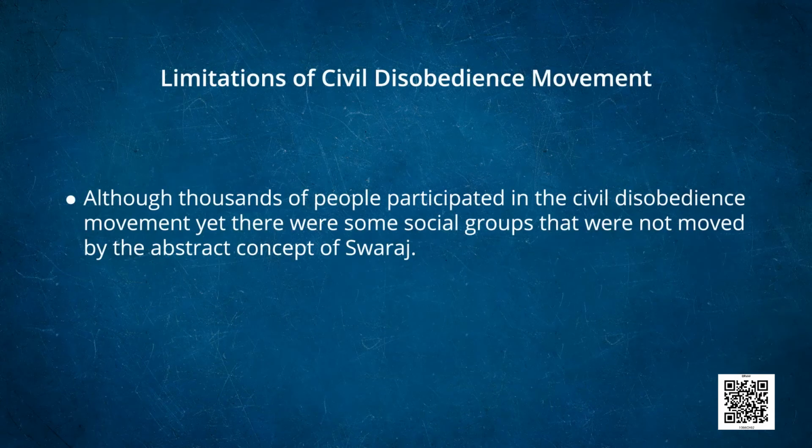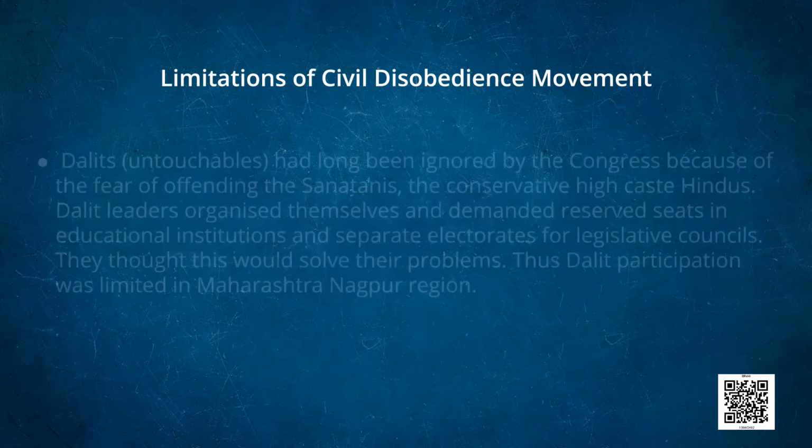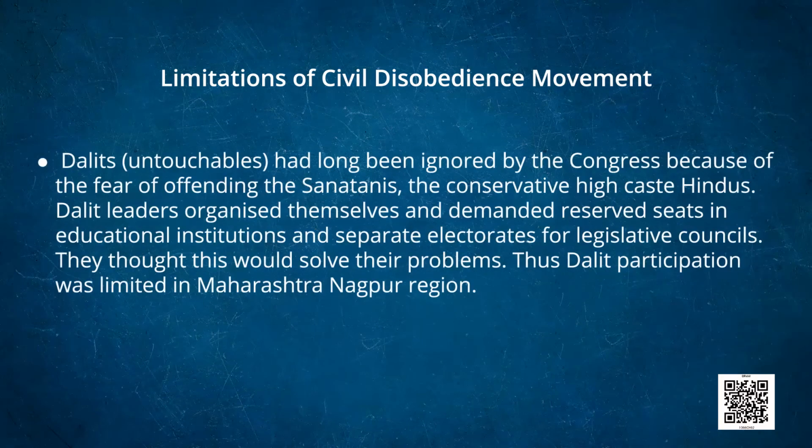Although thousands of people participated in the civil disobedience movement, yet there were some social groups that were not moved by the abstract concept of Swaraj. First, we'll talk about Dalits.